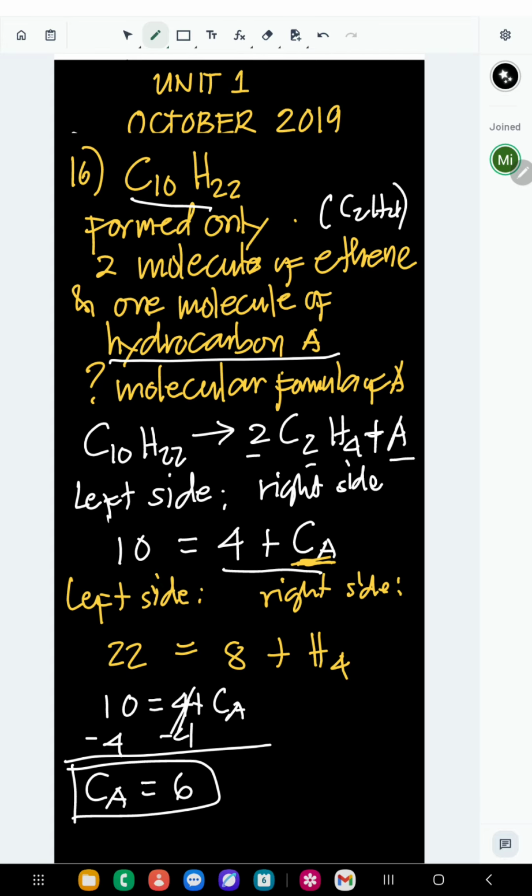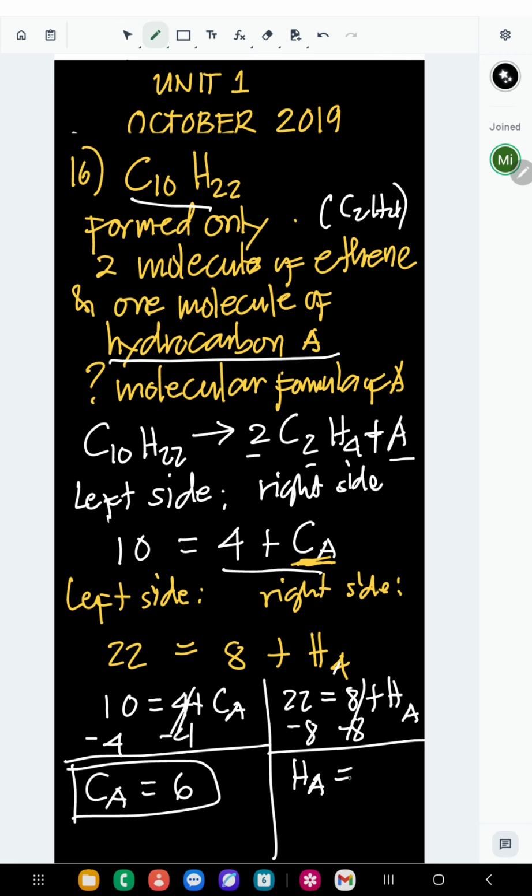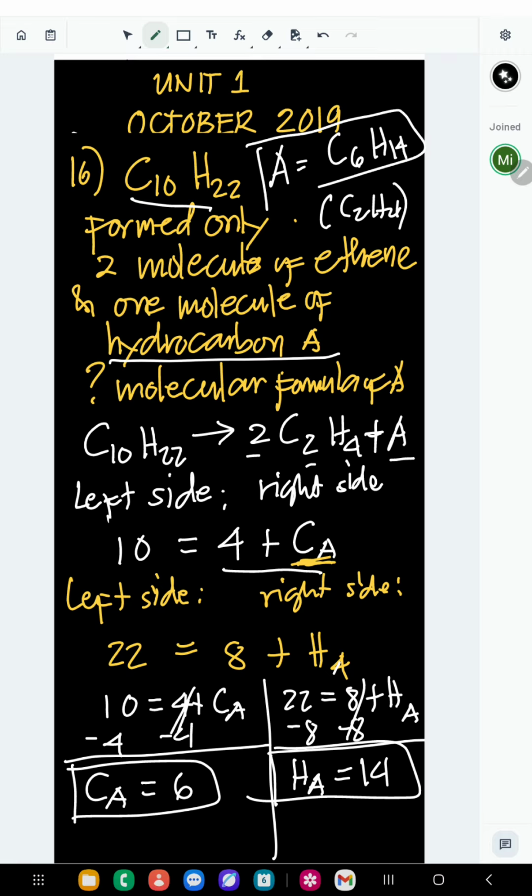Then for hydrogen, 22 equals 8 plus the number of hydrogen atoms in hydrocarbon A. We subtract 8 from both sides. So the number of hydrogen atoms there is 22 minus 8, and that is 14. Therefore, hydrocarbon A's molecular formula is C6H14. So the answer here is letter B.